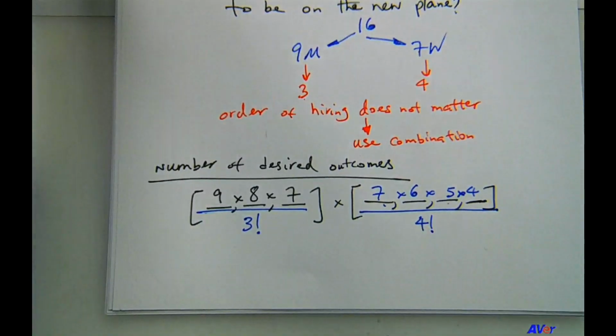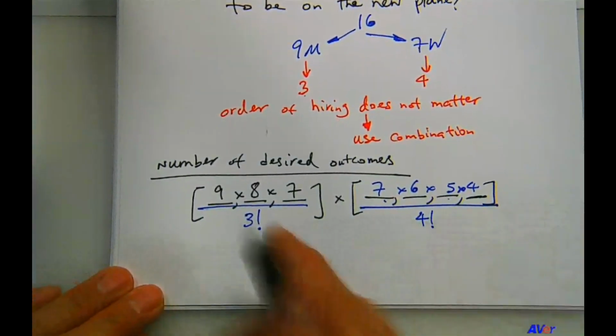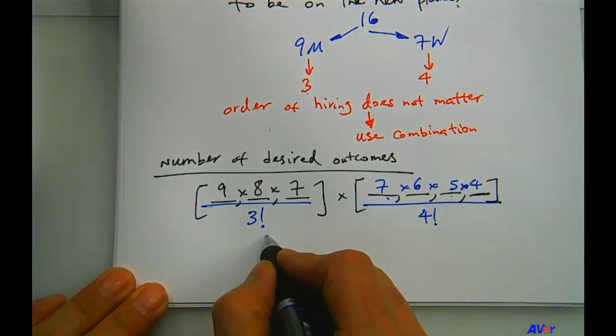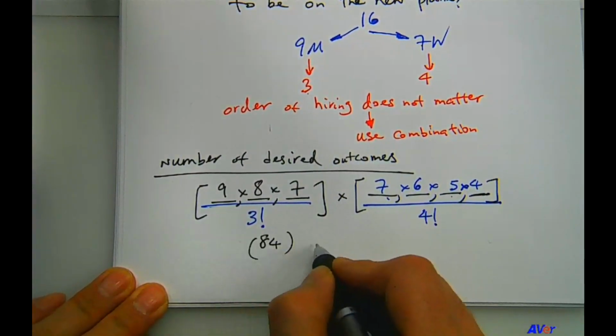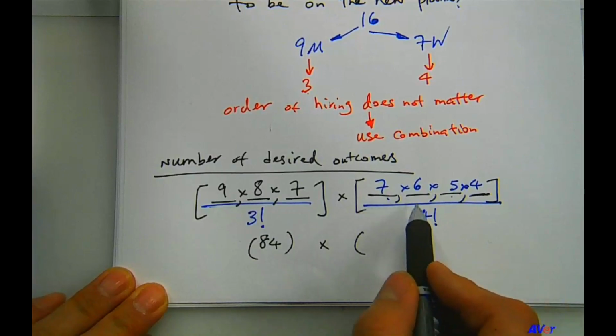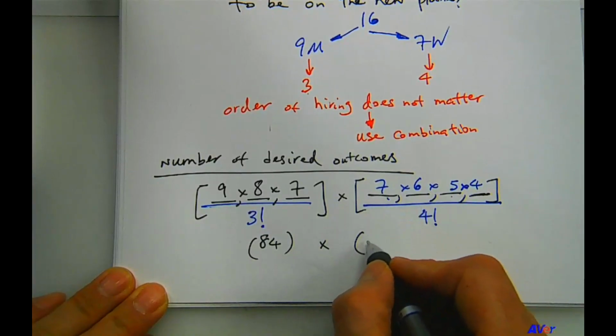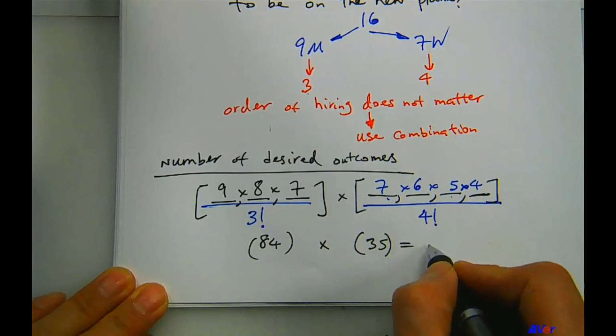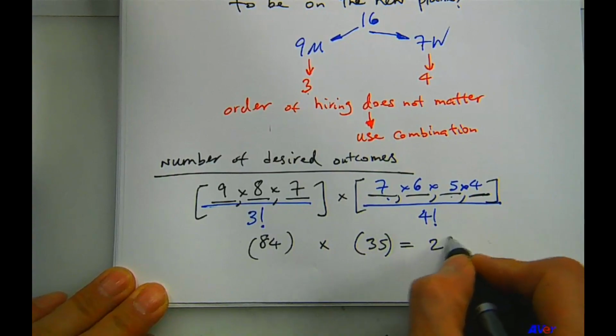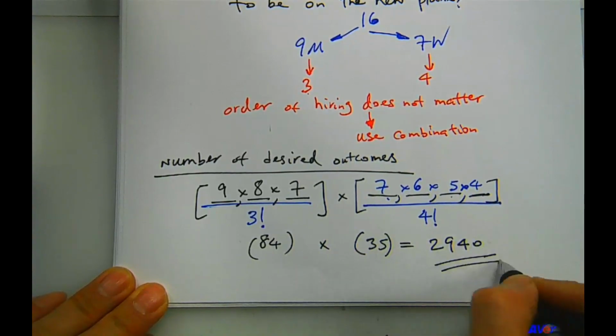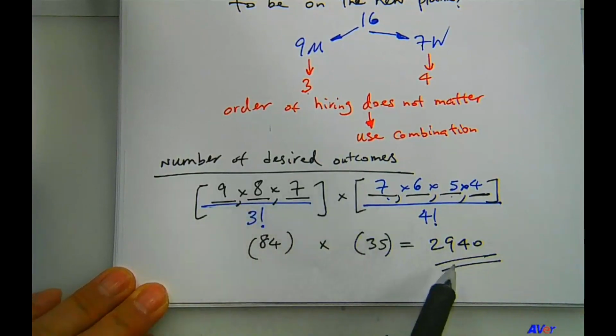And so what I have for this is 84 times the number I have here, which is 35. So I have 2,940 as the number of desired outcomes.